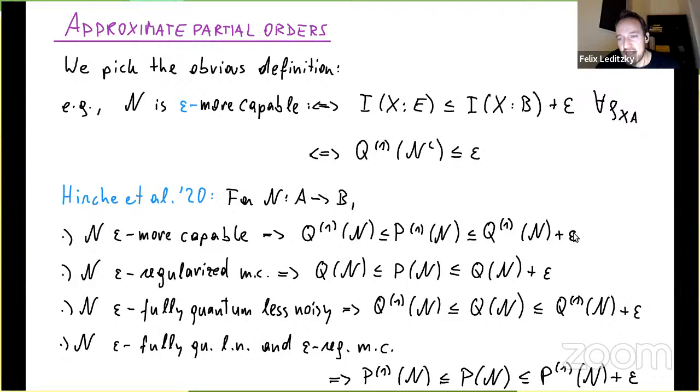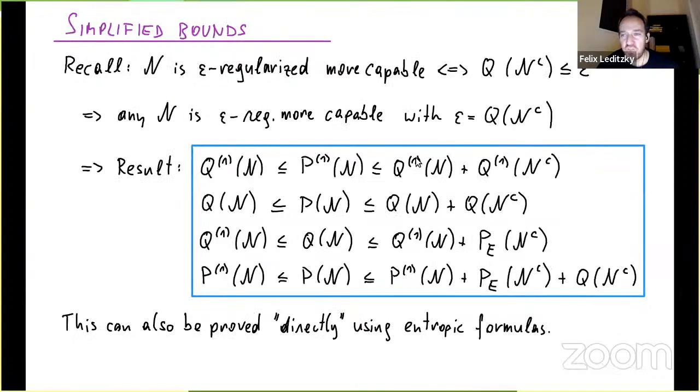The problem with that is only that this epsilon, the definition is a little unsatisfying, maybe because you don't really know what that is. And so we wanted to simplify this in the work with Christoph now. And it's based on a very simple observation, actually, that you can just take as the epsilon the capacity or the information quantity of the complementary channel.